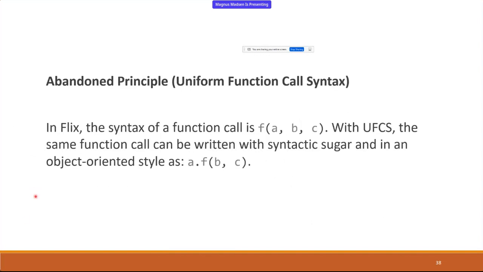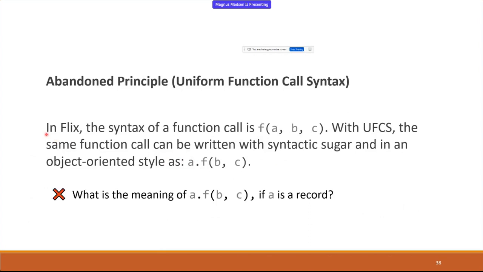Finally, we had a principle that we had a uniform function call syntax. And that just means the ability to, if you have a function call like this, f of a, b, c, then you can also write it as a.f(b, c). So this gives you sort of an object-oriented style. And we had this for quite a while, but actually it turns out it's ambiguous if you also add records to your language.